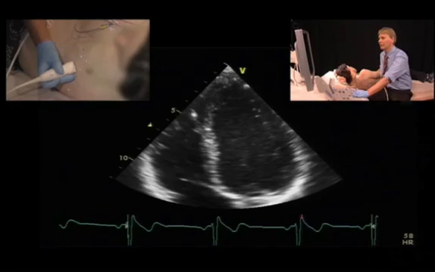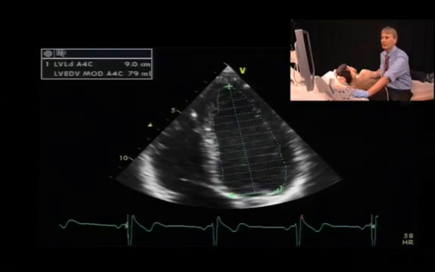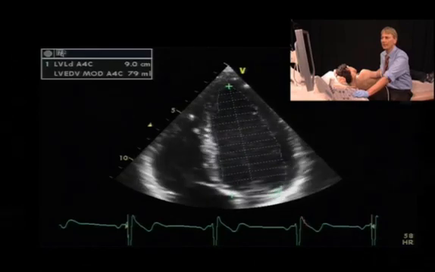So I will go to the measurement program and then I will trace the contour, trace it all the way to the annulus and then close the contour. You have the length which is given in this program, and then you just agree that this is truly the length, and you will get an end diastolic volume of 79 milliliters.